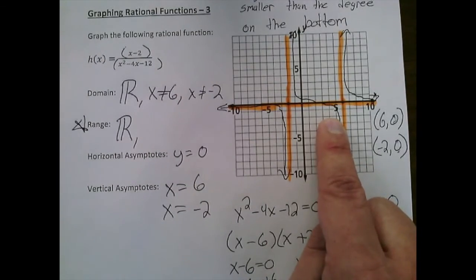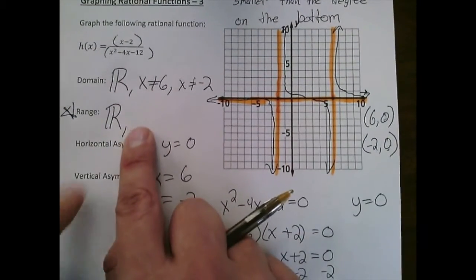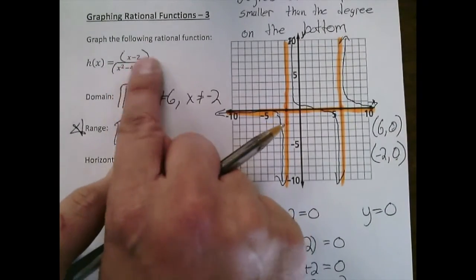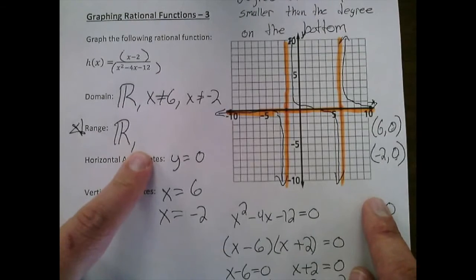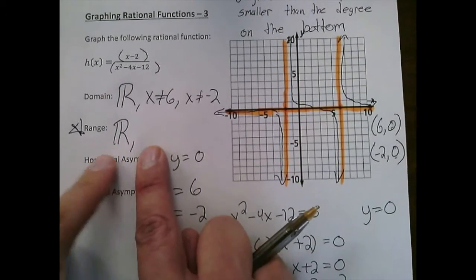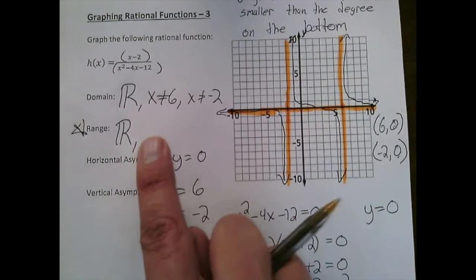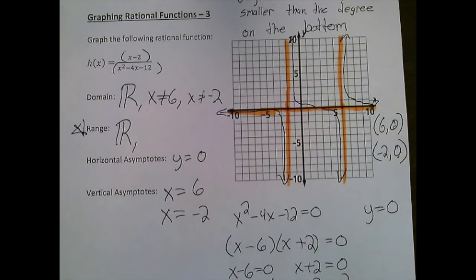So the fact that we crossed it means, yeah, it's actually okay to get y equals 0. If you plug in 2 into this equation, you're going to end up getting 0 anyways for y. So this one's a little bit different, doesn't behave like the other rational functions we graph. It is just all real numbers.